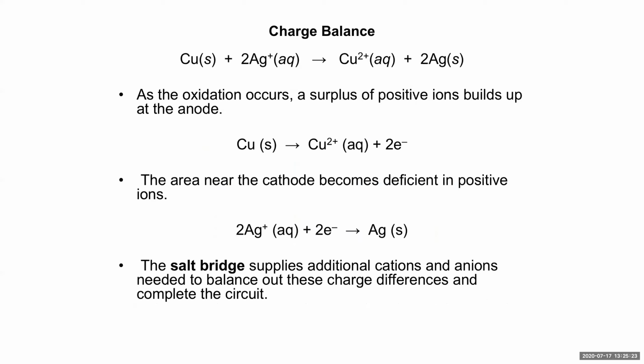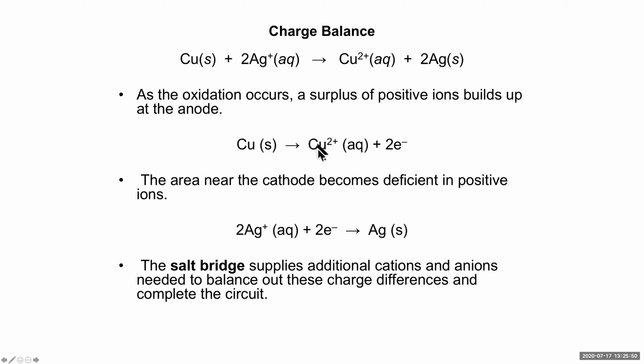So as the oxidation occurs, you get a surplus of positive ions on the anode, and those extra positive ions produced by the copper 2+ ion are balanced by the nitrate. Remember, there's nitrate coming over from the salt bridge. So you can say that the copper 2+ ions are building up because the copper atoms are losing 2 electrons.